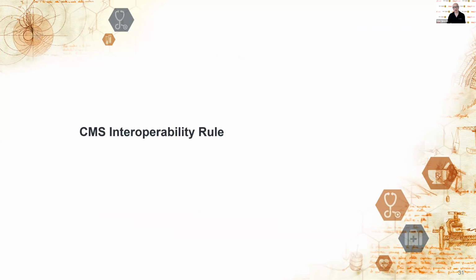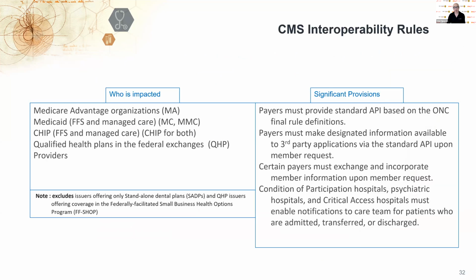So those are our implementation guides that we're focusing on here today. And with the interoperability rule, a number of our guides play a role. And for those who didn't participate in previous discussions around the final rule, it really impacts Medicare Advantage organizations, Medicaid, CHIP, and qualified health plans on the federal exchange.